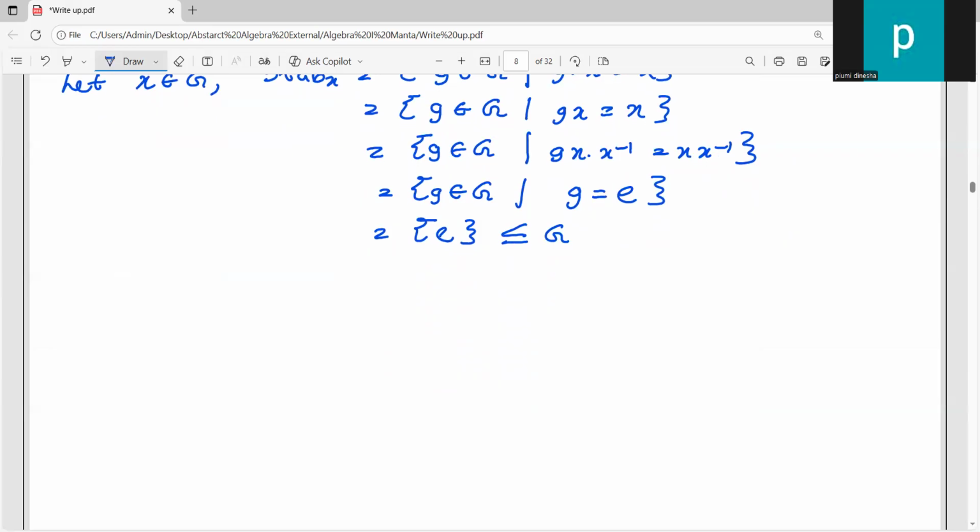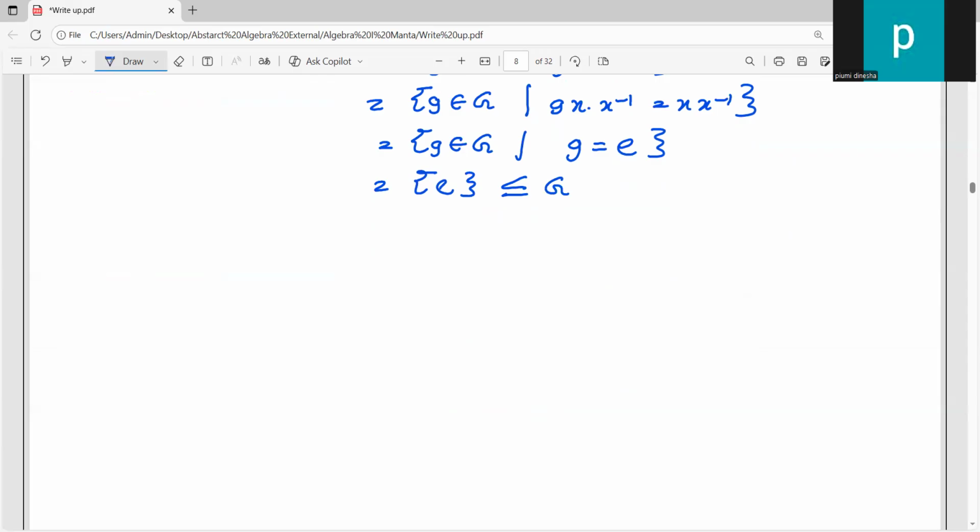Okay, let's take a look at another example. Okay, let's take the second one. When G acts on itself by conjugation.